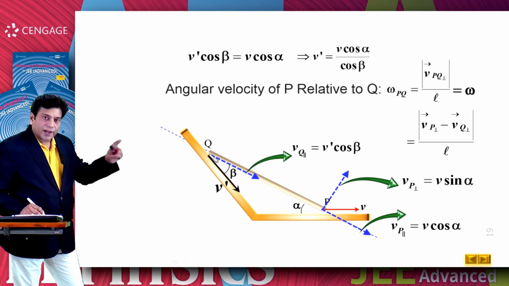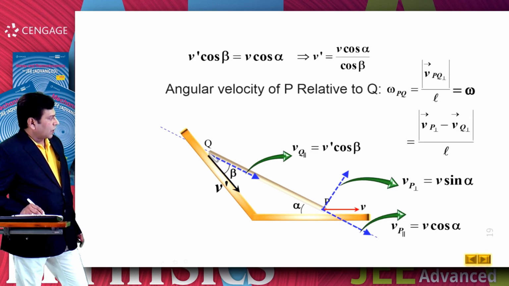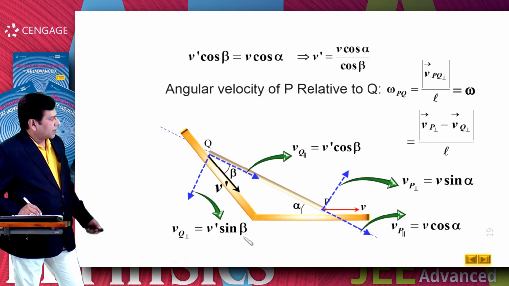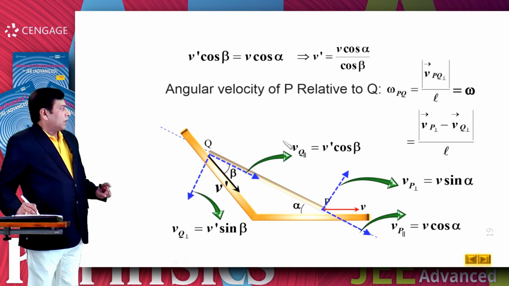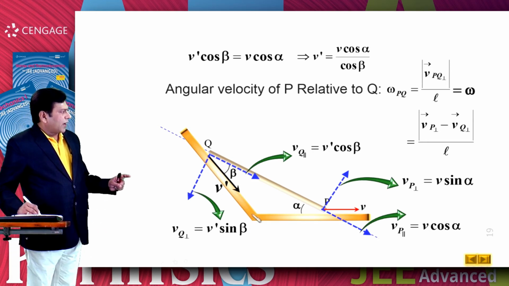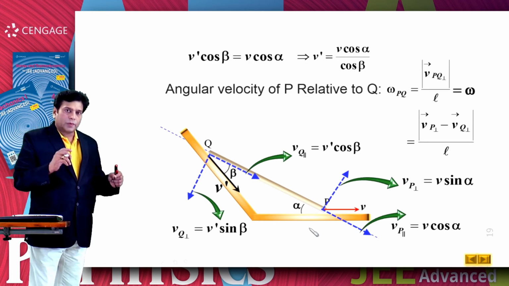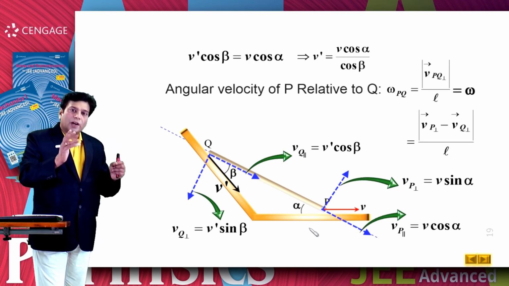Similarly, come to point Q. We can make this velocity component in this direction and write this Vq perpendicular equal to v dash sin beta. Right? Now we know these components are opposite to each other, so the relative velocity component should be added together.